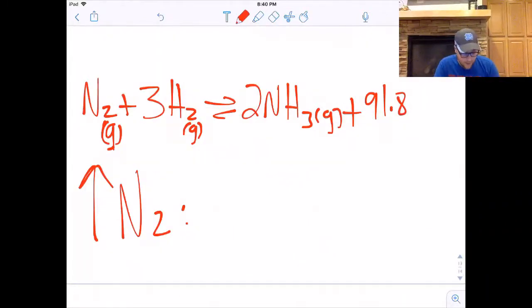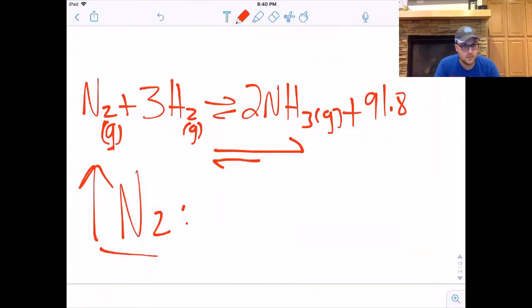And when that happens, how the reaction will respond to get back to equilibrium is that your amount of NH3 is going to start increasing because of that increased forward rate.